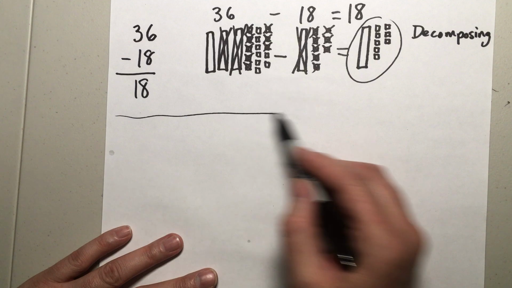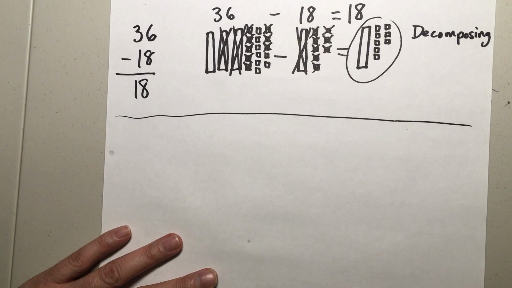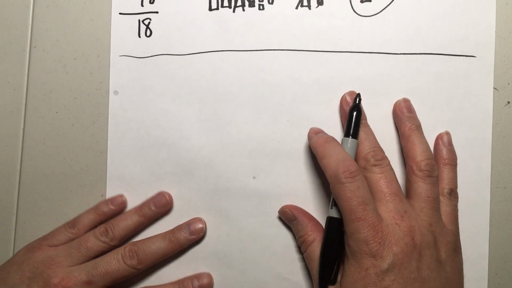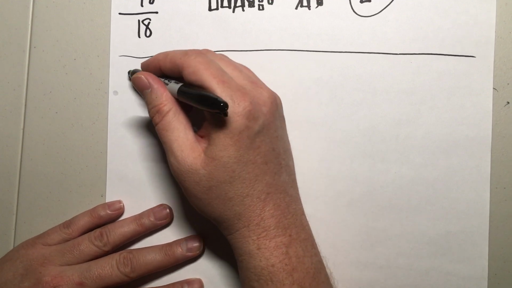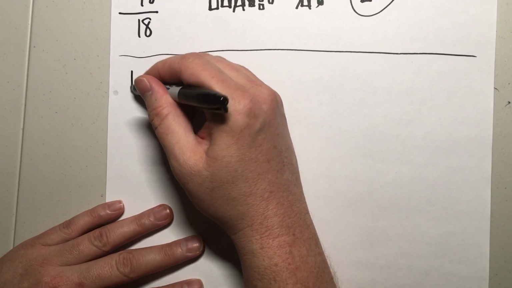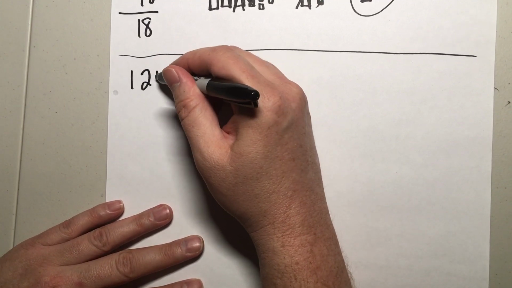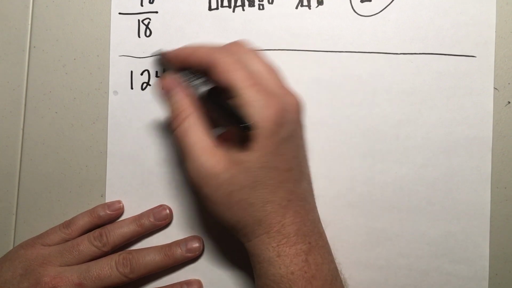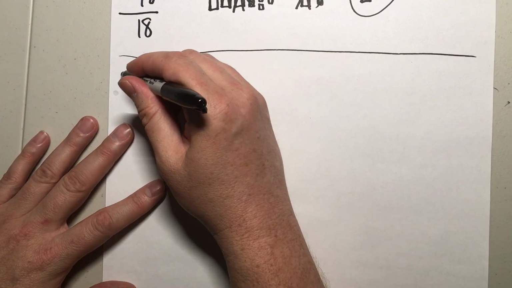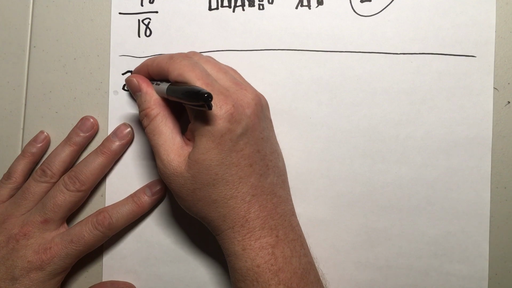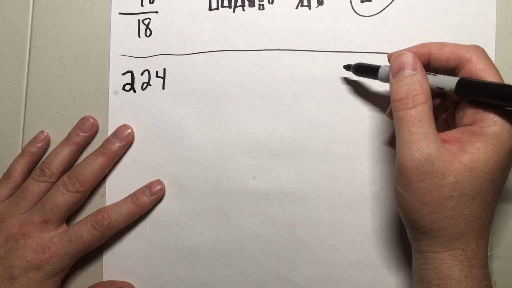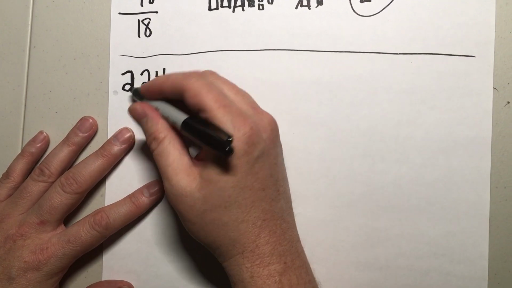Okay. Let's continue. Let's move into the hundreds now. We'll do 124. Why do I keep doing 100? No wonder I'm not a millionaire by now thinking with low numbers like that, right?